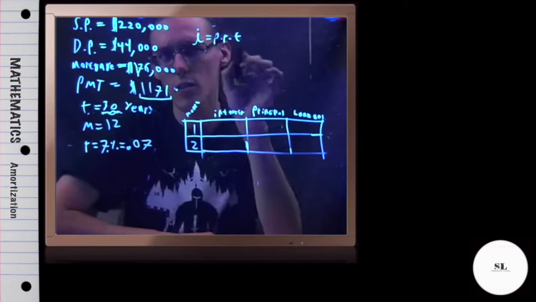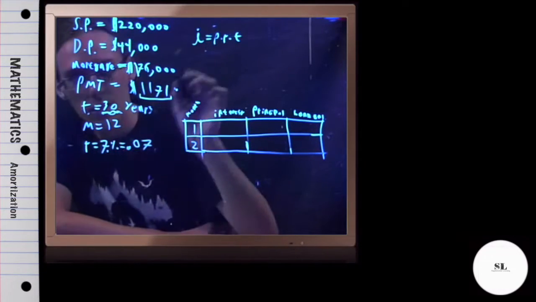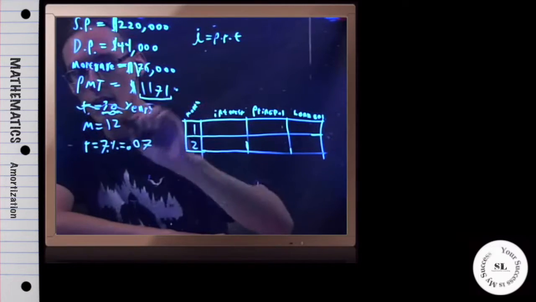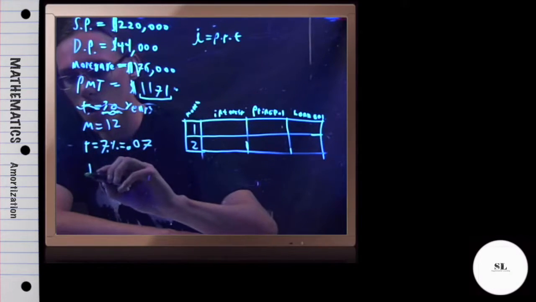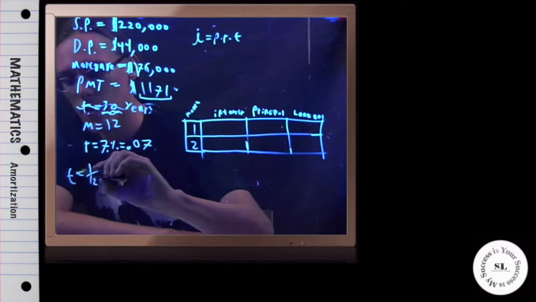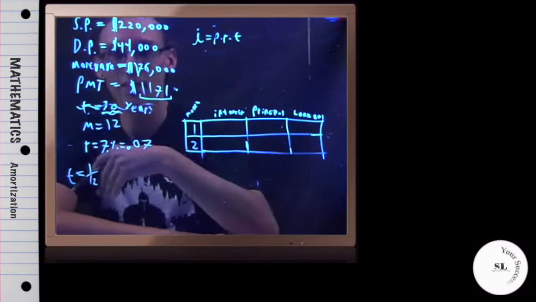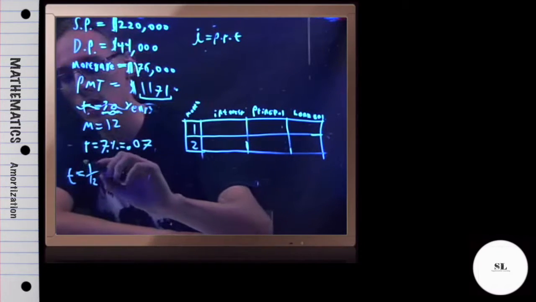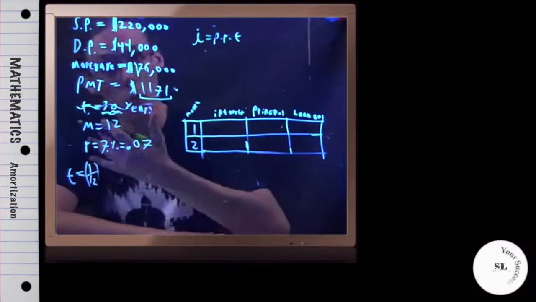So since this has to be in terms of years, every time we do one of these calculations, the t we're using is actually going to be 1 over 12. Why? Well, because if we're making a payment every month, then the amount of time that has elapsed between payments has been 1/12 of a year, or 1 month.